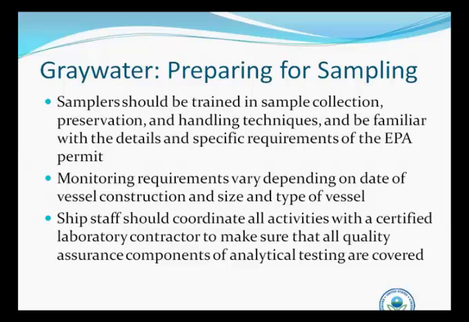As discussed earlier, the monitoring requirements really vary depending on the vessel construction and what type of vessel it is, so you really want to check with your permit before you determine what type of gray water sampling you're going to need to do. And then coordination with your laboratory contractor is highly important, just to make sure that samples get delivered on time. Once again, it's important to ask about the experience of your contractor and determine whether or not you think that they're going to be capable to perform this work for you. Next slide, please.